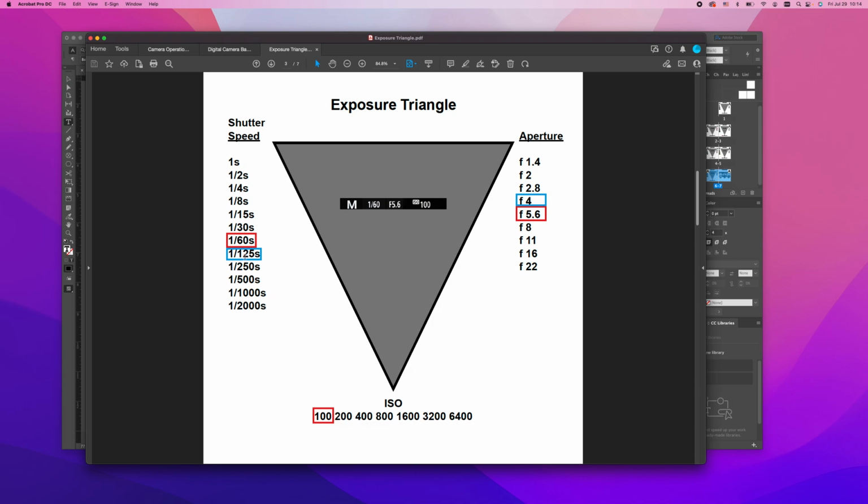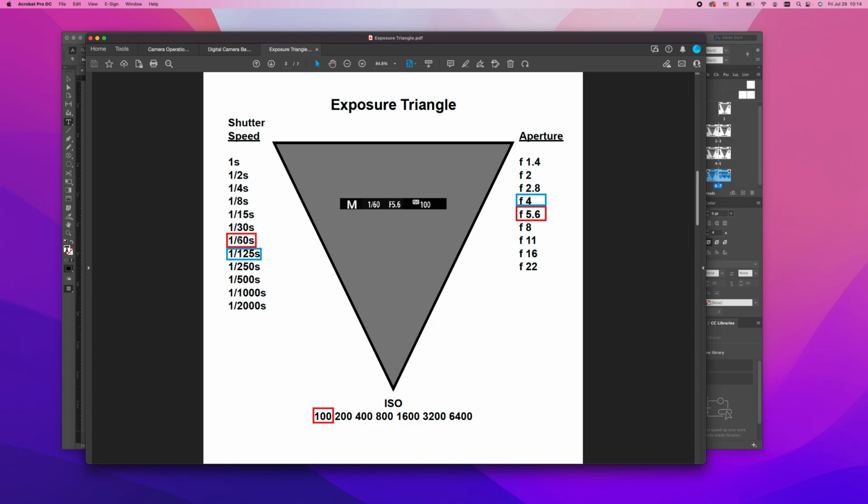So in reality, if we were to make our shutter speed quicker by half, we would have to compensate by doubling the amount of light that's coming into the aperture, okay? So these are called exposure equivalencies.